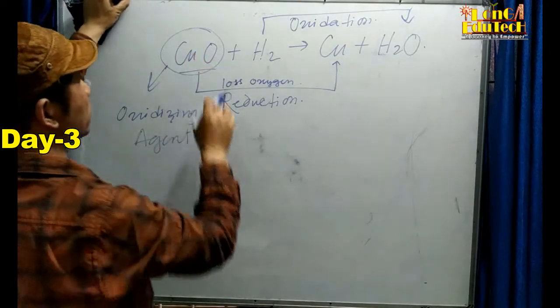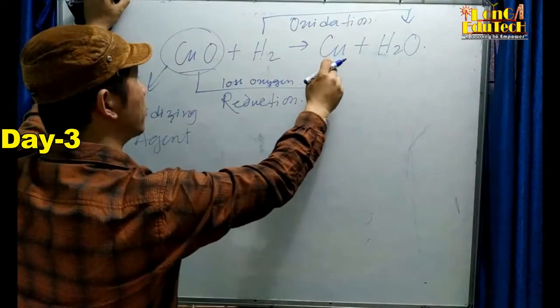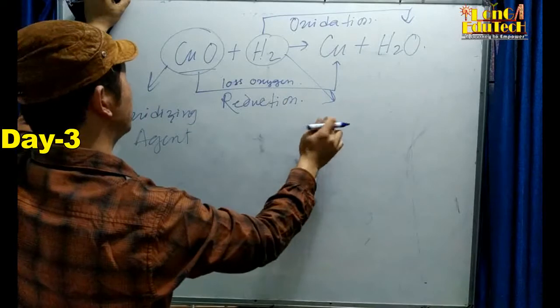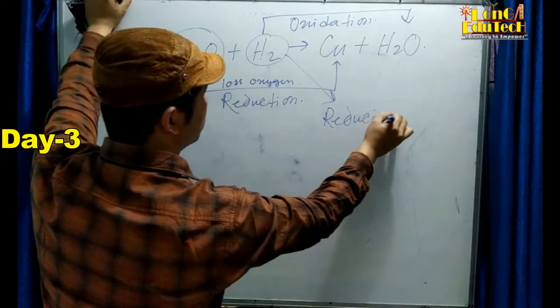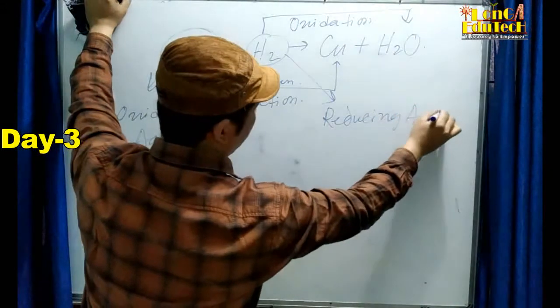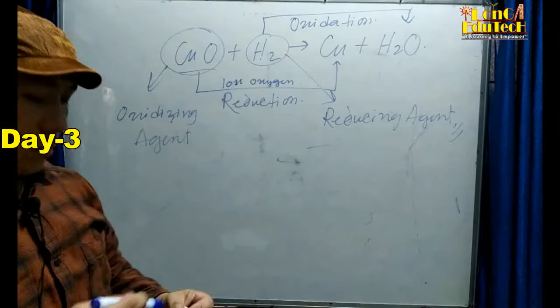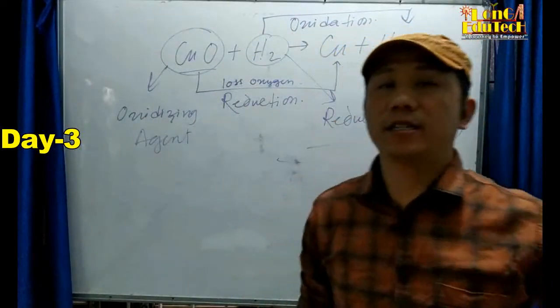And the copper oxide loses oxygen and is reduced to copper, due to the presence of hydrogen. So this is a reducing agent, right? This is all about oxidation and reduction reactions, that is the redox reactions.